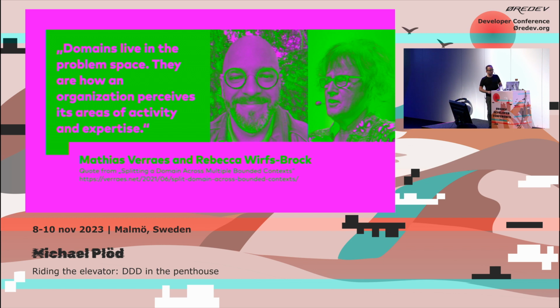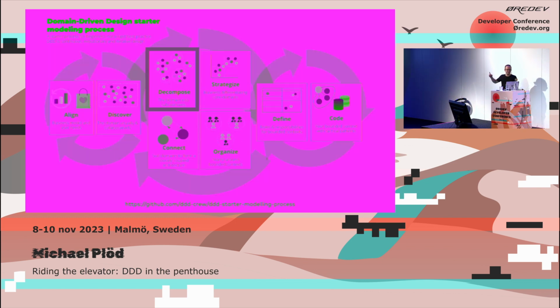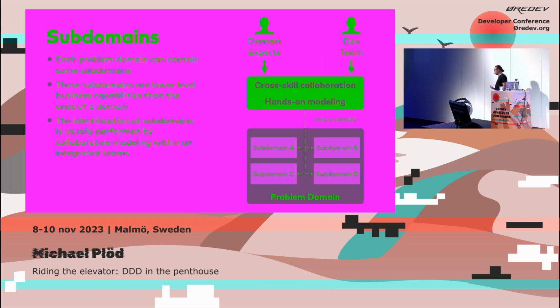They live in the problem space. They are how an organization perceives its areas of activity and expertise. And we want to go ahead and have a dissection of domains into subdomains. There's this decomposition phase in this startup process, where we, with collaborative modeling, go ahead, and there's a bunch of heuristics.